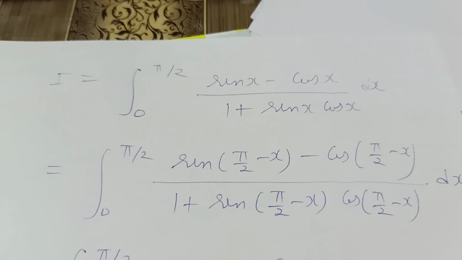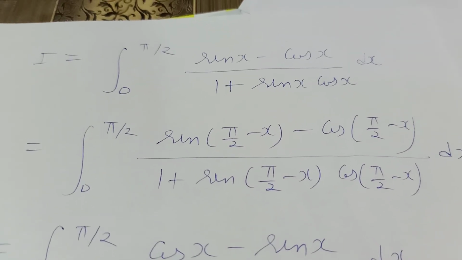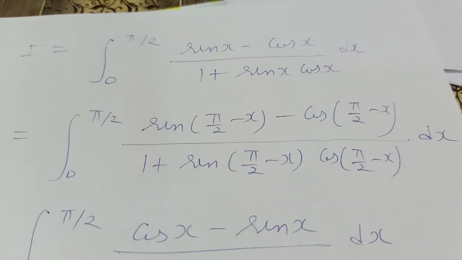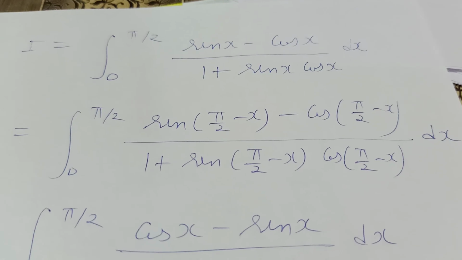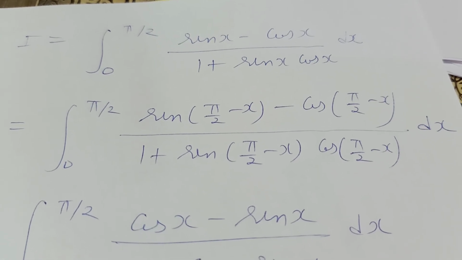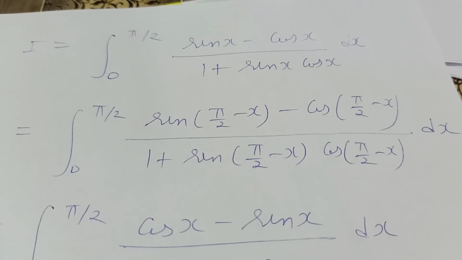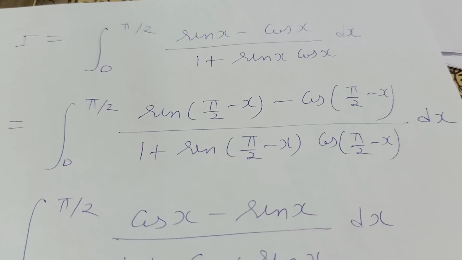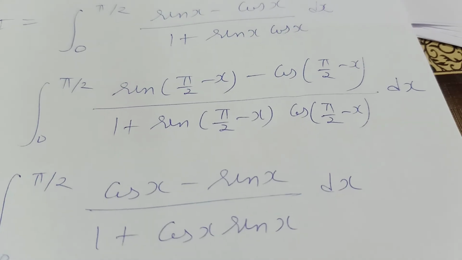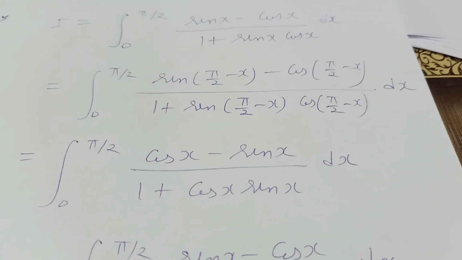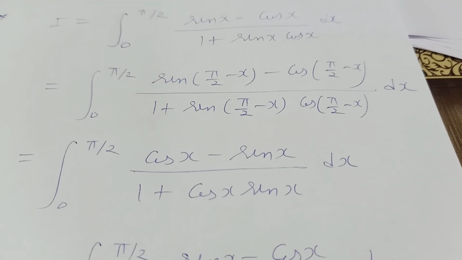Now our next question is I equals the integral from 0 to pi by 2 of (sin x minus cos x) upon (1 plus sin x cos x) dx. Again we use the same property, replace x by pi by 2 minus x. So we will get the integral from 0 to pi by 2 of (sin(pi by 2 minus x) minus cos(pi by 2 minus x)) upon (1 plus sin(pi by 2 minus x) times cos(pi by 2 minus x)). So this comes out to be (cos x minus sin x) upon (1 plus cos x sin x).